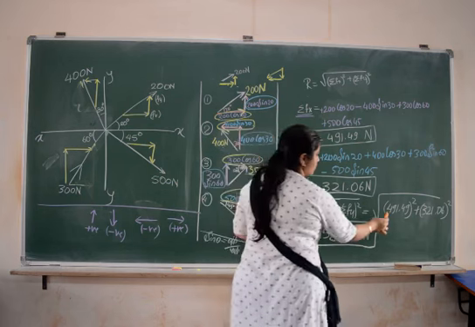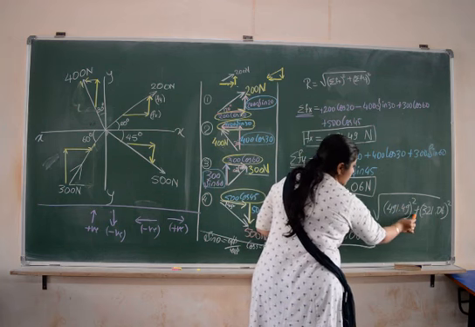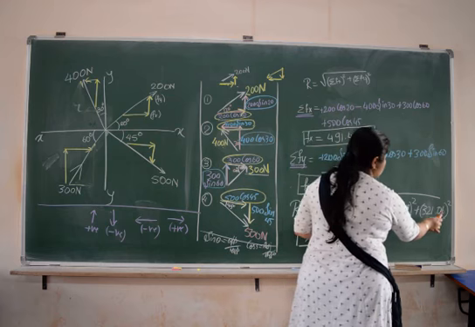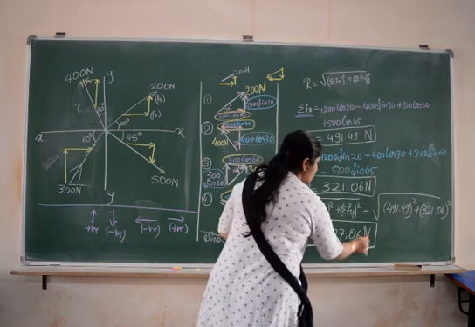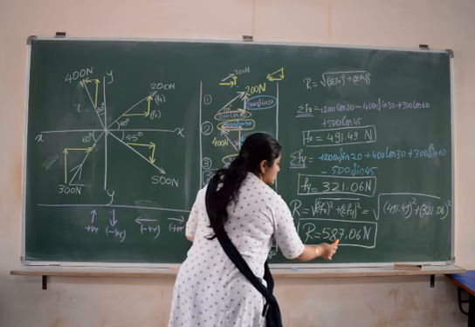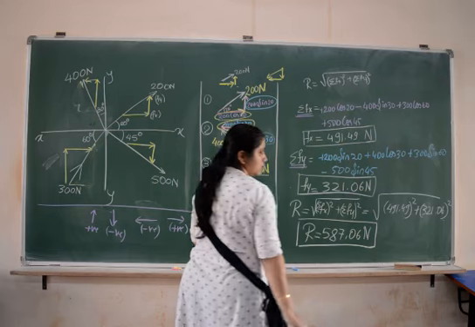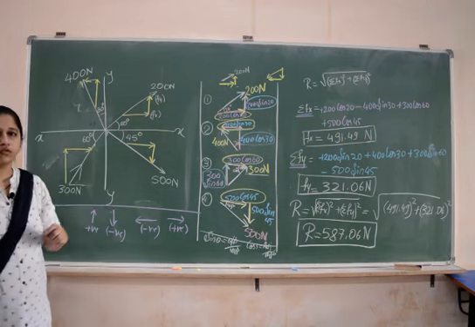Therefore, 491.49 the whole squared plus 321.06 the whole squared. Then take the square root of that. 587.06 Newton is the resultant of all the four forces.